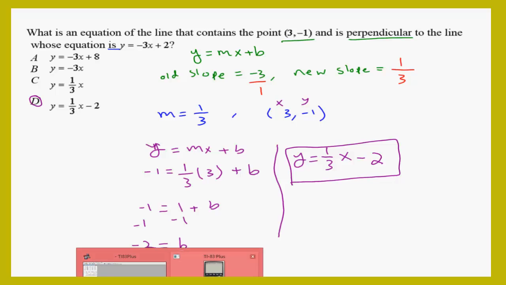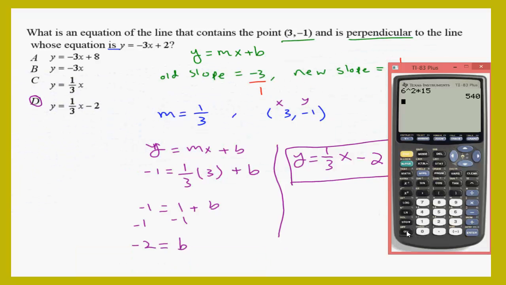Another way is using a calculator. You go to y equals. You have two different equations here, and one of these is the answer. So let's try each one of them and see which one is perpendicular to that one.